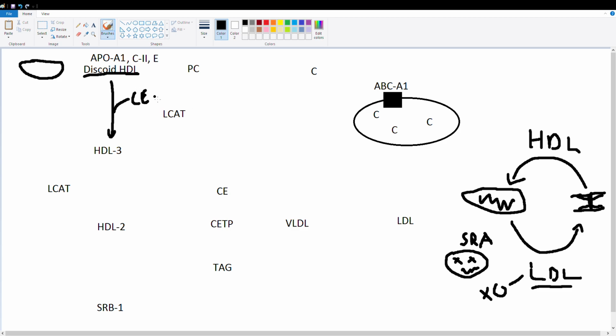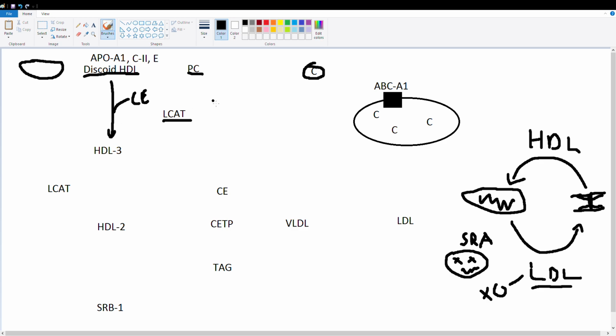How do we make and grab these cholesterol esters? Well, you're going to need an enzyme called LCAT, which is lecithin cholesterol acyl transferase. So lecithin is the same thing as phosphatidylcholine, and that's important because the acyl group from this phosphatidylcholine is going to be transferred to your free-floating cholesterol in your blood in order for it to form cholesterol esters and then be packaged into HDL.